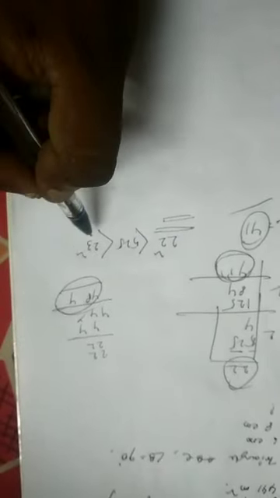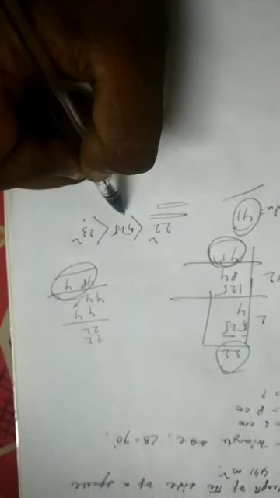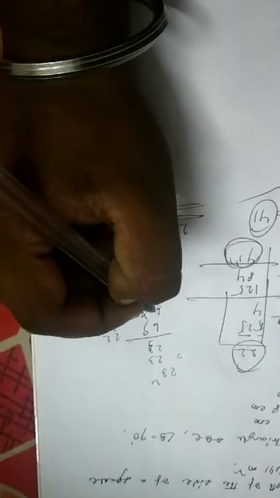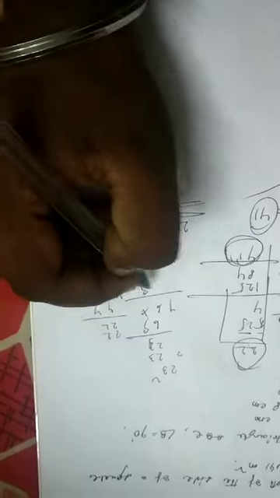But 23 square is surely bigger than 525, because after 22 the next number is 23. So if I take the square of 23, it is bigger than 525. 23 into 23 is 529.